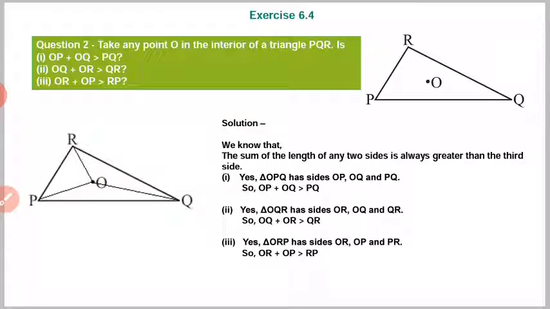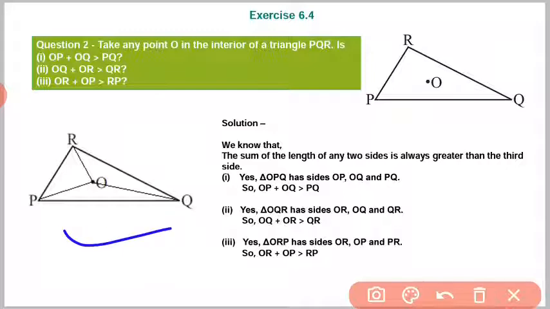Exercise 6.4, question number 2. Take any point O in the interior of the triangle PQR. We are taking any point O in the interior of the triangle PQR, and let's join OR, OQ and OP.